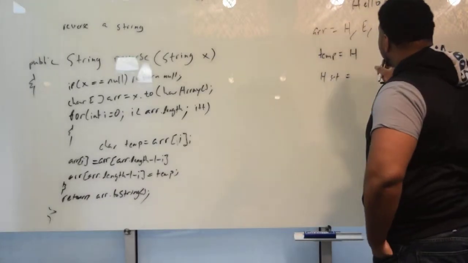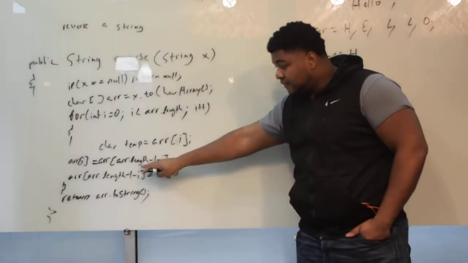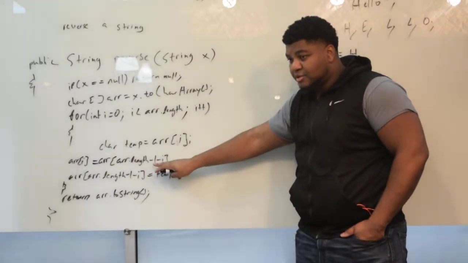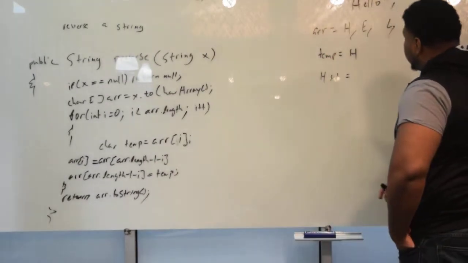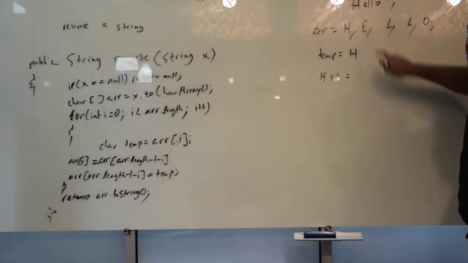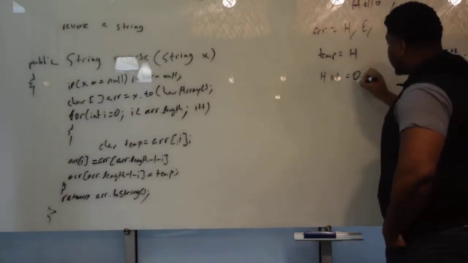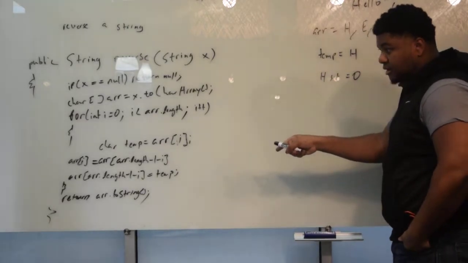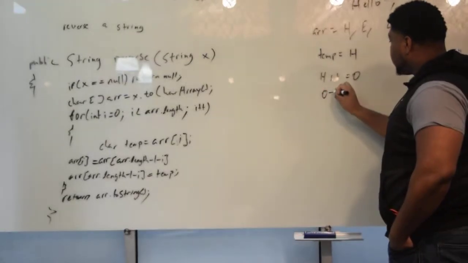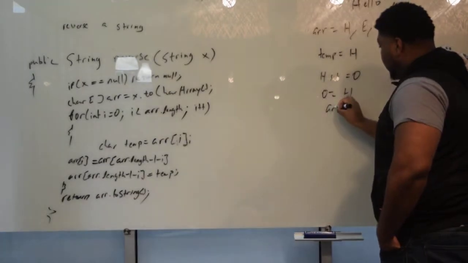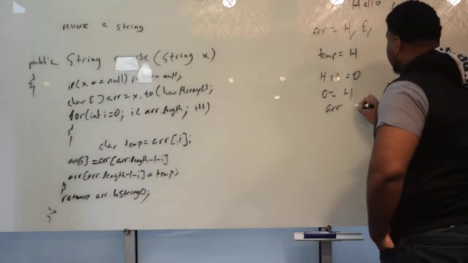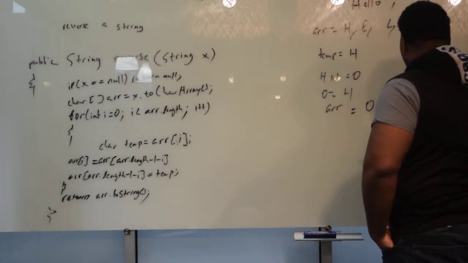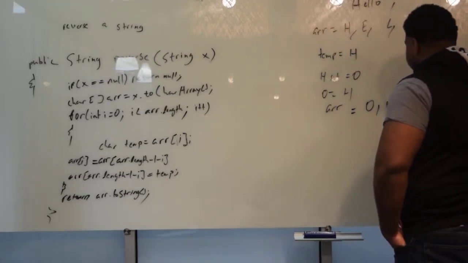Hello is 5, right? 5 minus 1 gives you the last value, minus I, which is 4. So index 4 is the O. The H is now equal to this O. And then we set the last one equal to the temp, so the O is now equal to H. So our array, after our first loop, is going to look like O, E, L, L, H.